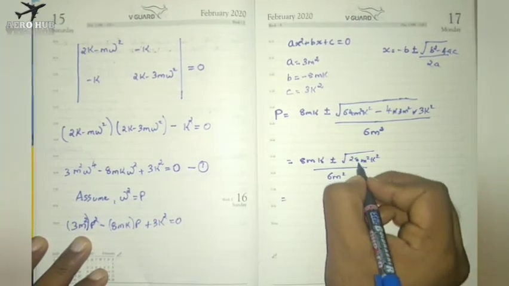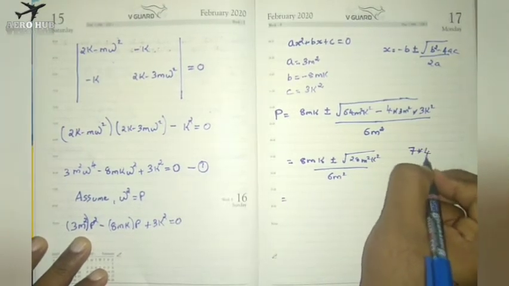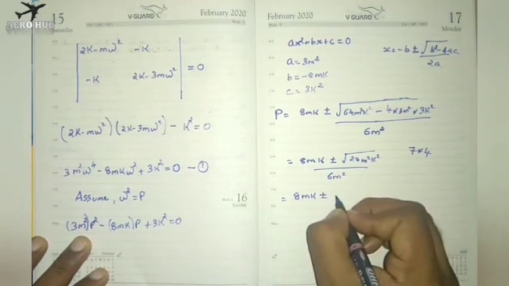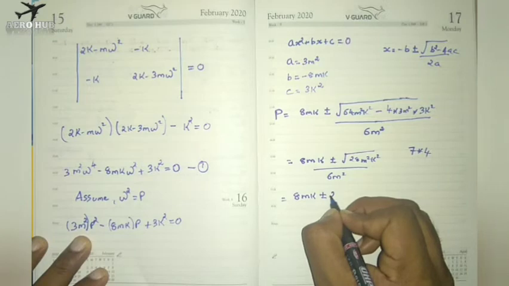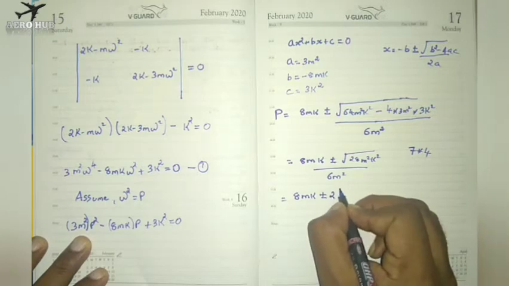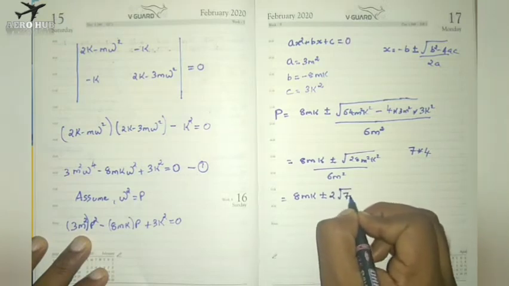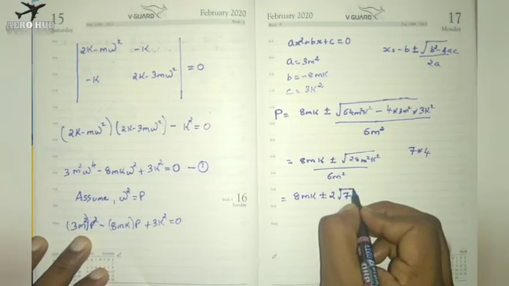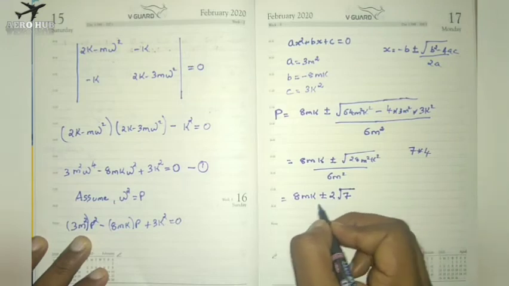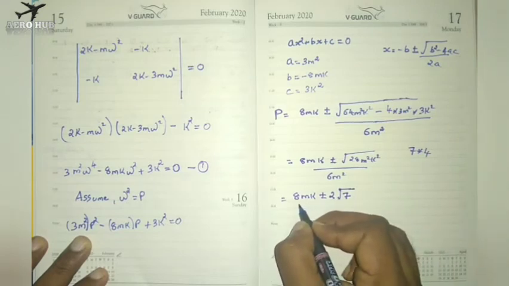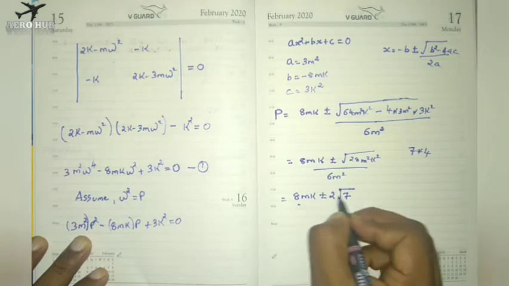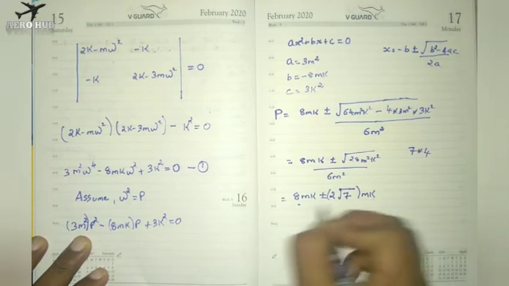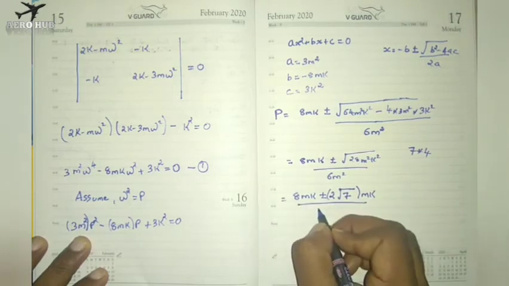I can write 28 as 7 into 4, so I can take 4 outside the root, and 2 comes out. It will be 8mk plus or minus 2 root 7 into mk, divided by 6m square.